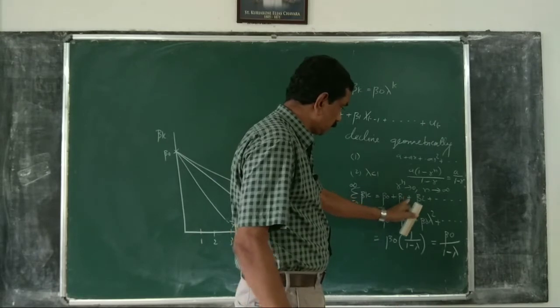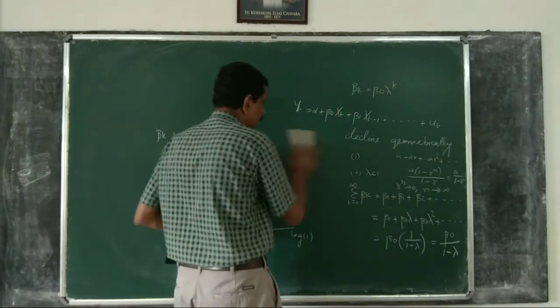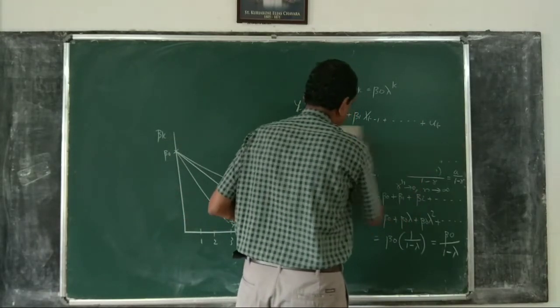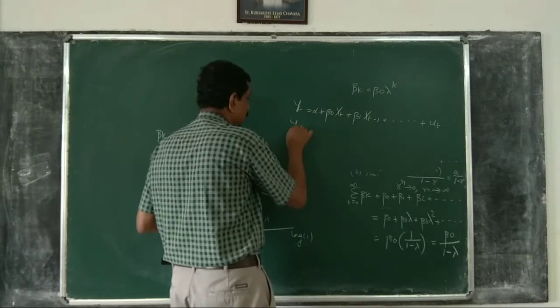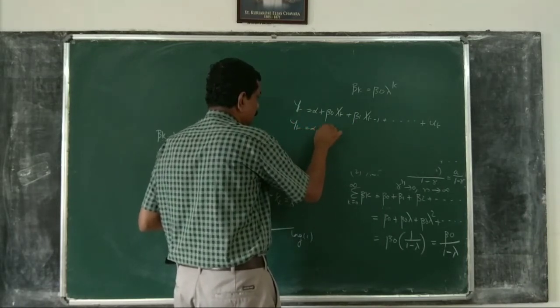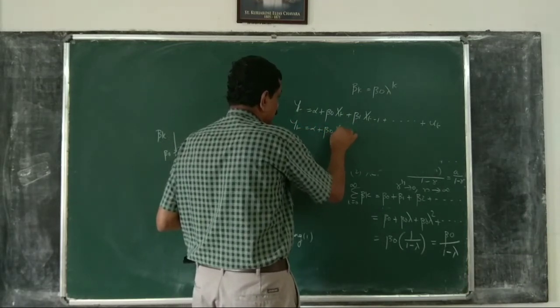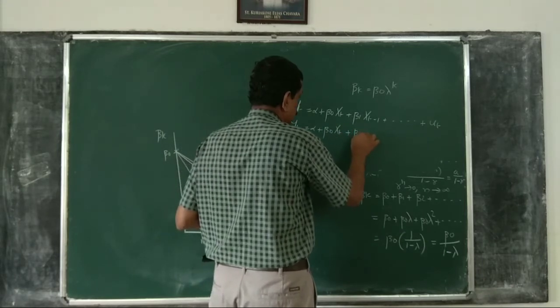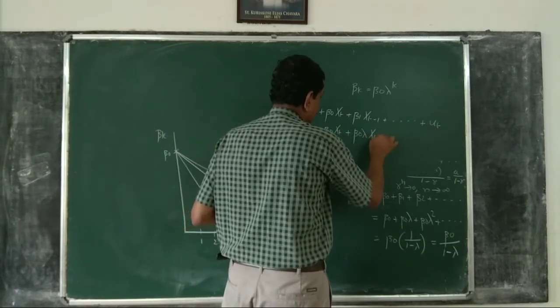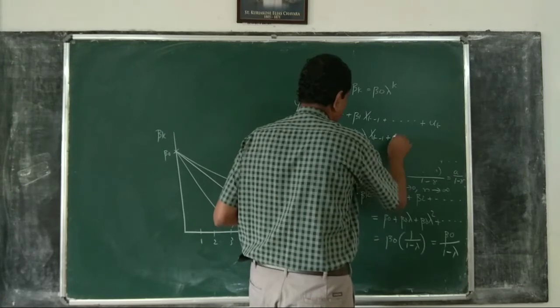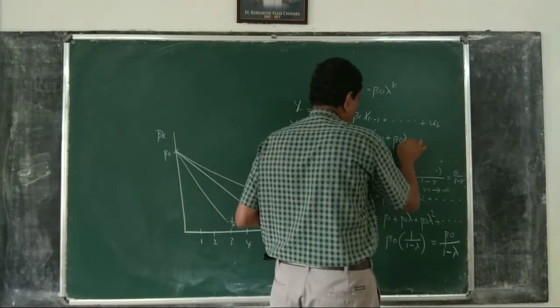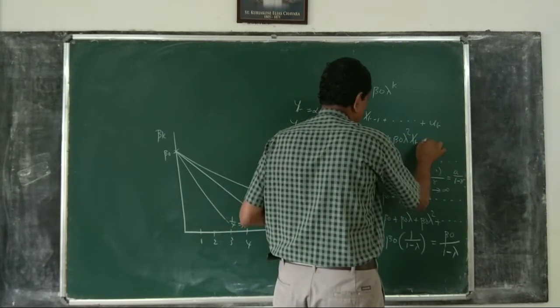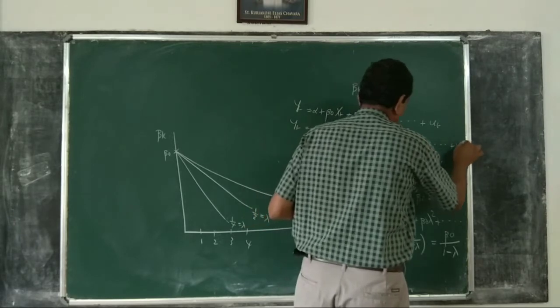Also, using this property, we rewrite the Koyck model as yt is equal to alpha plus beta 0 xt plus beta 0 lambda xt minus 1 plus beta 0 lambda square xt minus 2 plus etc. plus ut.